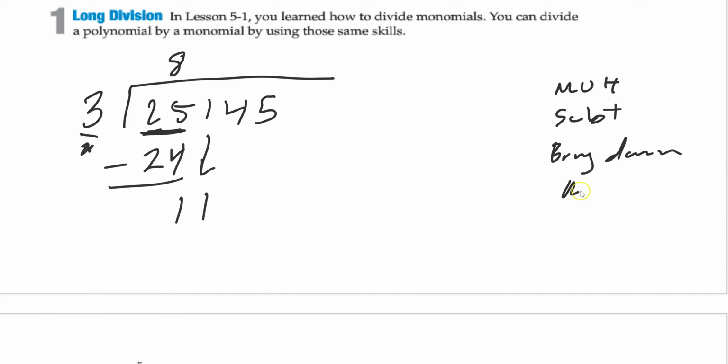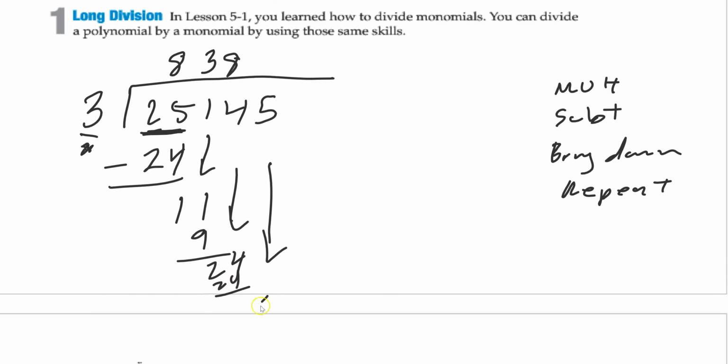And then we repeat the process. 3 goes into 11 3 times. Multiply, you get 9. Subtract, you get 2. Bring down the 4. I get 8. So this is 24. So let's bring down the 5. 3 goes into 5 one time. Subtract, you get remainder 2.